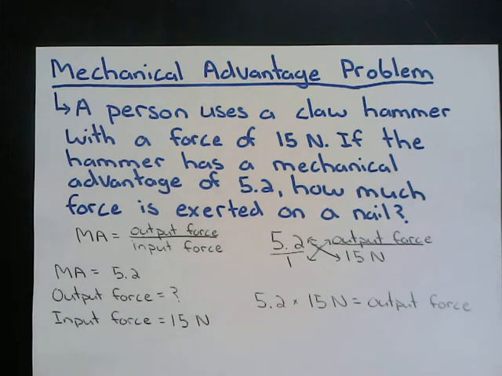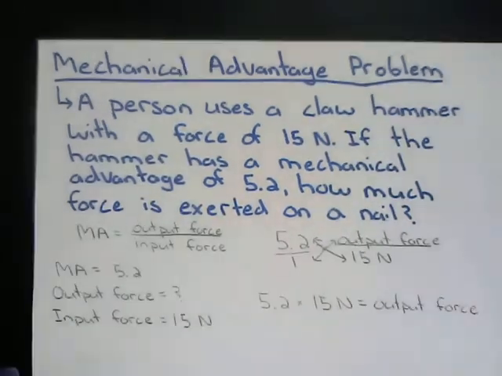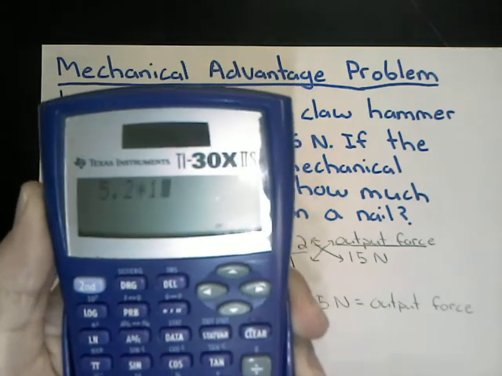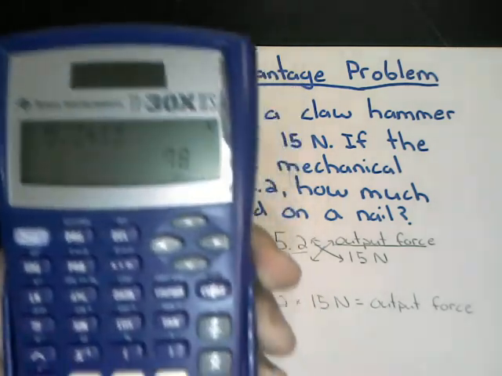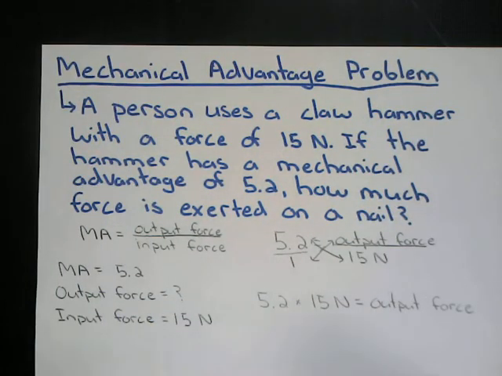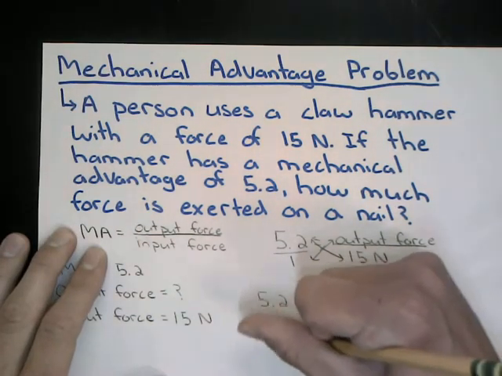So all we have to do in our calculator is put in 5.2 times 15. We press enter and we get a value of 78. That value would have a unit of newtons.